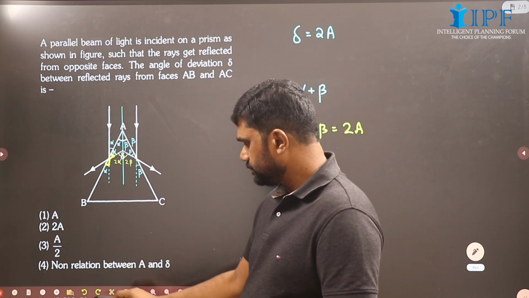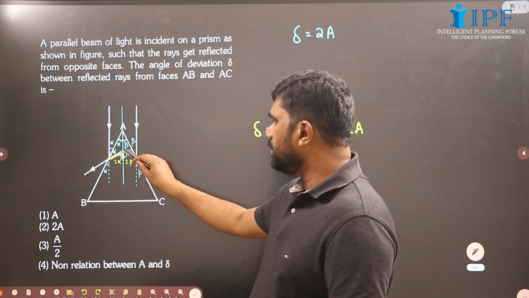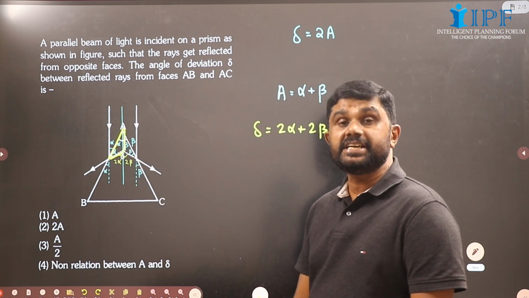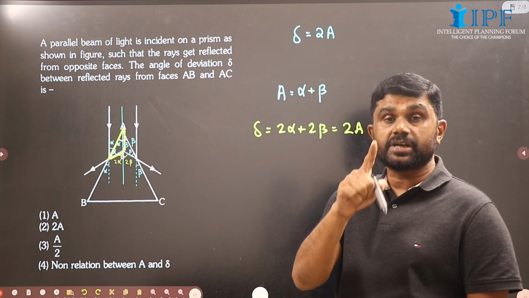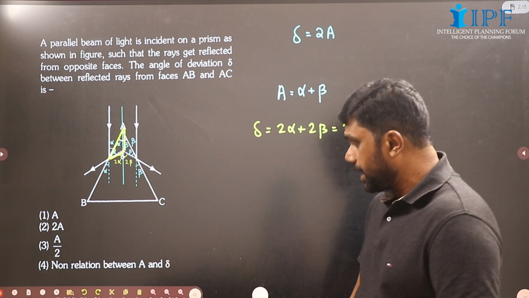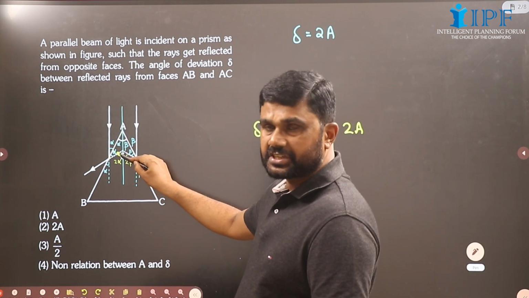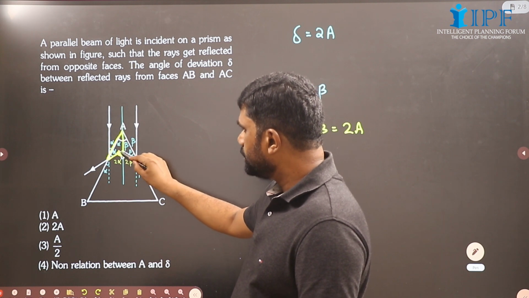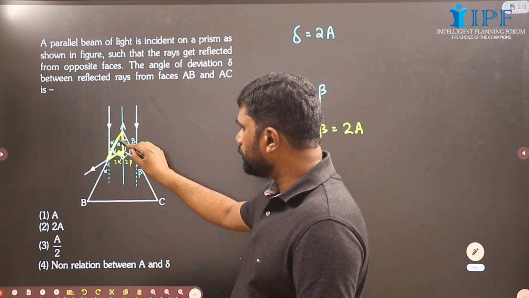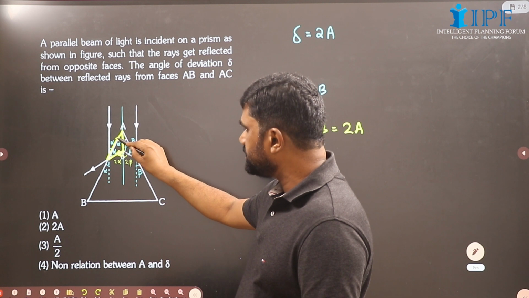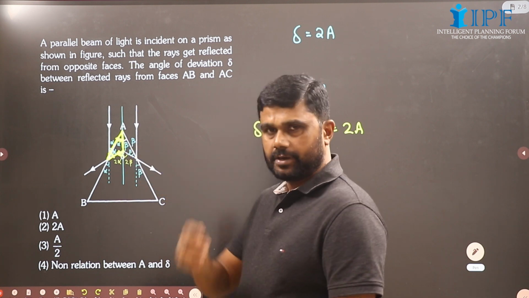Now in this triangle, the exterior angle is equal to the sum of the two remote interior angles, meaning this alpha and this alpha.